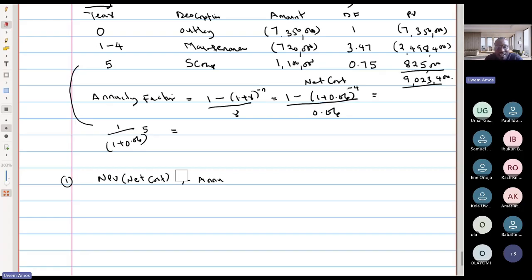Not multiply, we're looking at per year, so you divide whatever the cost is by the annuity factor for the entire tenure.